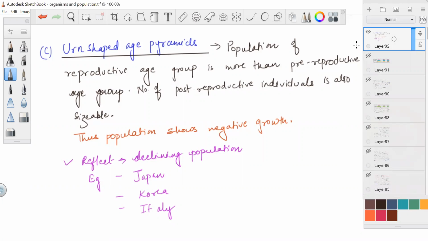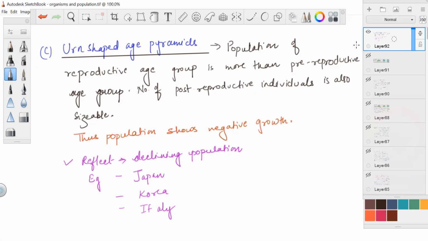So this was age pyramids. We can say that the size of the population tells a lot about its status in the habitat. So we'll be seeing further aspects also. We'll see population growth and all in the next class.